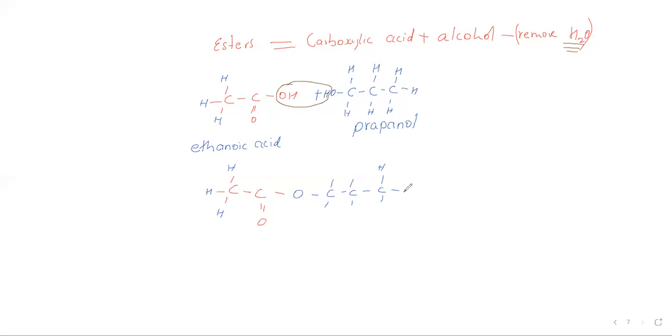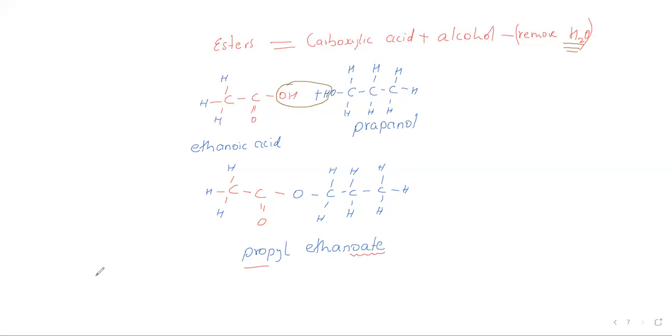So hydrogen there. And then this is an ester, and this is called propyl ethanoate. Now this is the name and the surname.